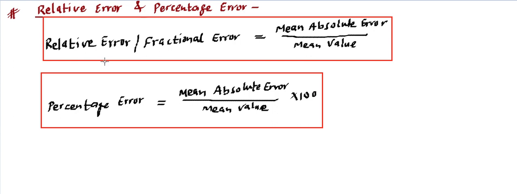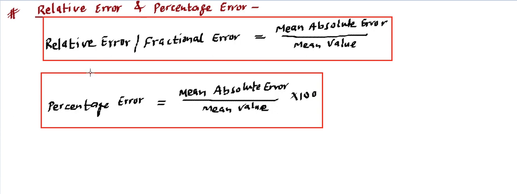So so far you have understood what an absolute error is, what a mean absolute error is, what a relative or fractional error is, and what a percentage error is, and the previous example illustrated all of these values. Once we have understood the different types of errors, we can talk about how these errors are propagated during calculation.